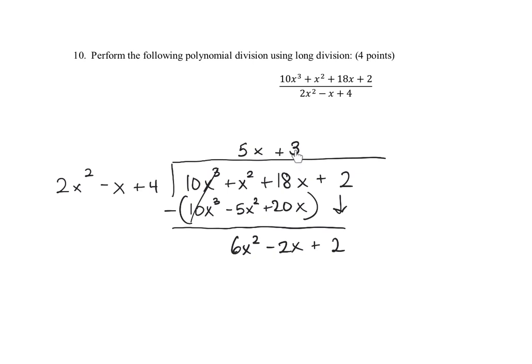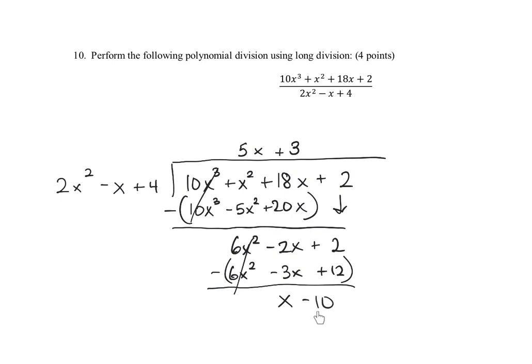So now multiply the plus 3 to this entire polynomial, and you're going to get 6x squared minus 3x plus 12. And now this is going to be subtracted. So the first terms cancel, which is what we want. Negative times a negative is a positive. So that's positive 3x minus 2x, which is 1x. And this is a negative 12 from positive 2, which is negative 10.